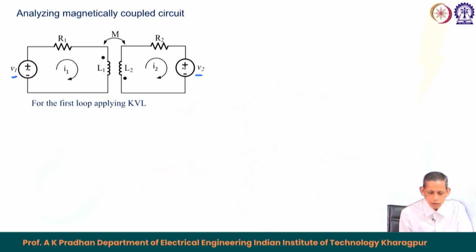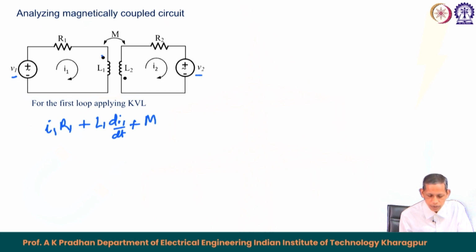If we write the corresponding time domain equation here, we can write I 1 R 1 plus L 1 d I 1 by dt plus the voltage induced by coil 2 on coil 1, that is the mutual inductance. Why am I writing plus here? Because current I 1 is entering the dotted terminal and current I 2 is also entering the dotted terminal.